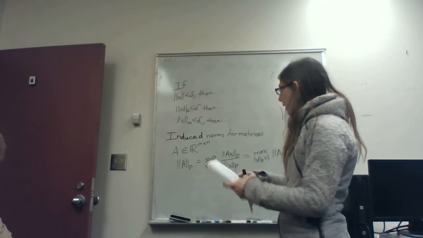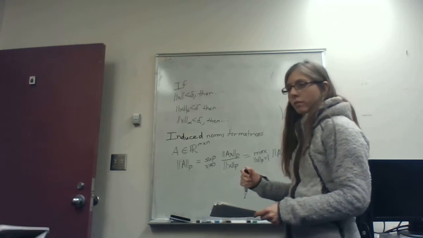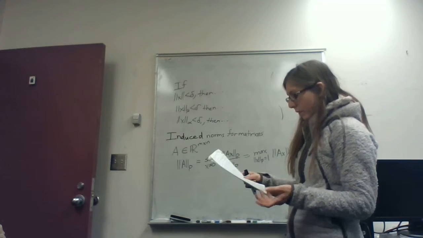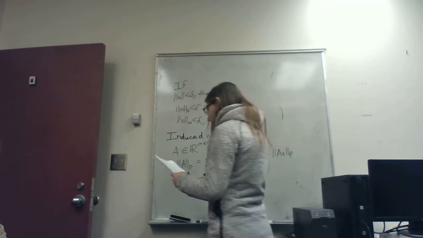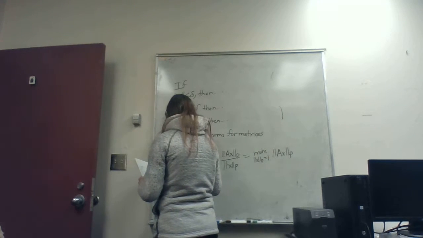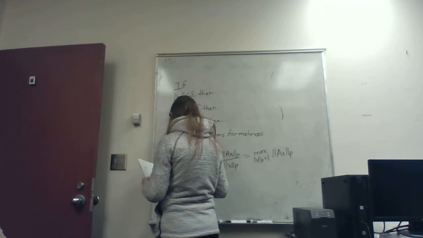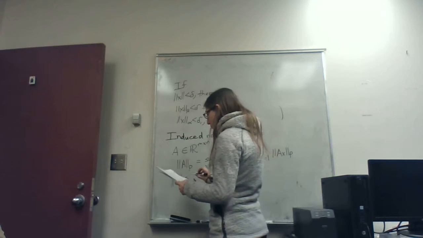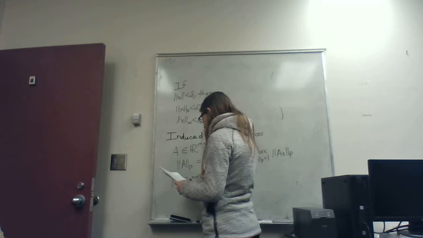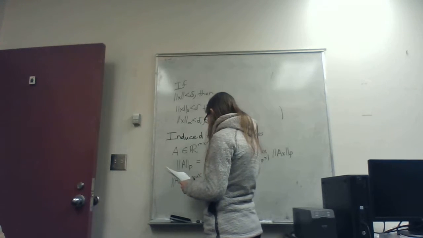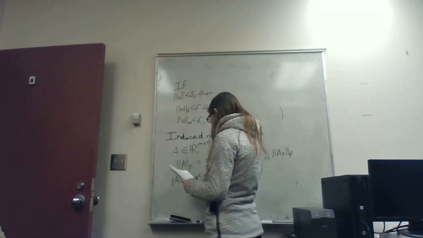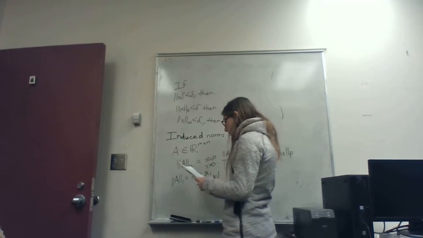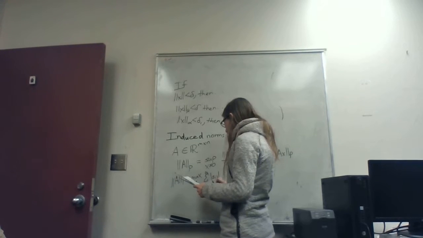So people have been able to derive a few of these, or a various number of them. For example, you can have an induced one norm of the matrix A. This would be the max over j of the sum from i equals 1 to m of the absolute value of a_ij. So this is essentially a max column sum.